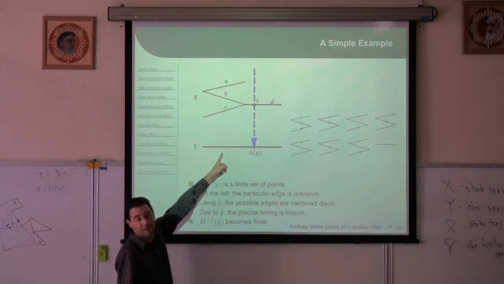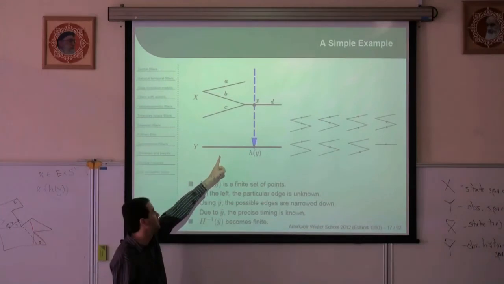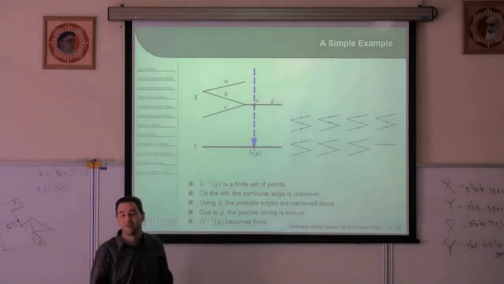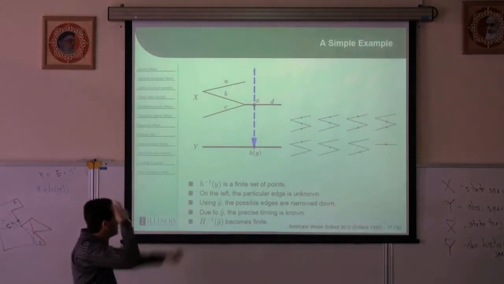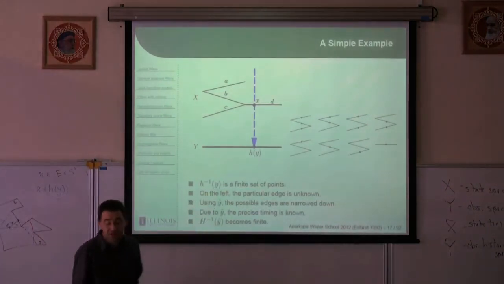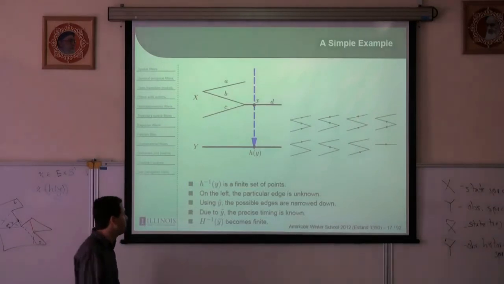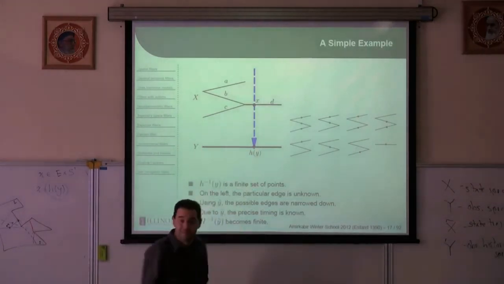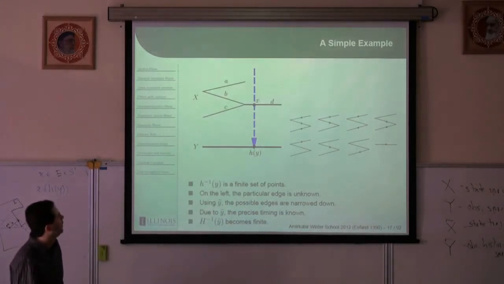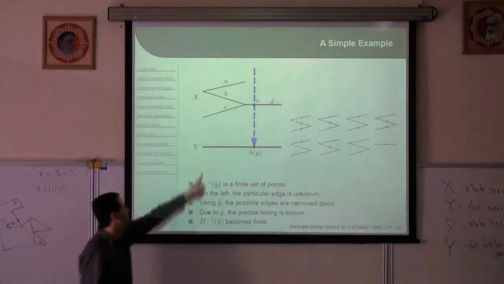But if it's over here, in one instant of time, I can only narrow it down to 3 places. It's very interesting. So that's the way H inverse looks. This is the standard preimage of a single observation. It could be 3 points or 1 point, or 2 points, if we're all the way over on the edge here.